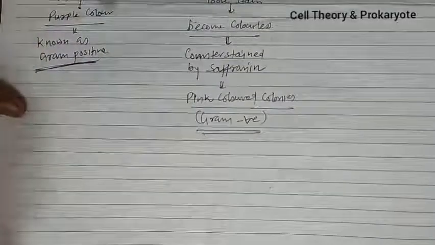So now the question is, why do gram positive bacteria retain this stain and why do gram negative bacteria lose it? For that we have to study the structure of their cell wall. The cell wall of gram positive and gram negative bacteria differs.